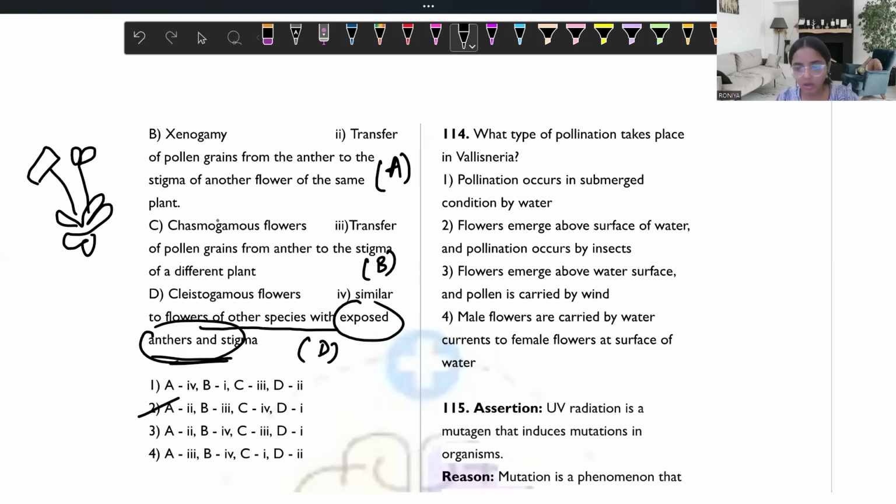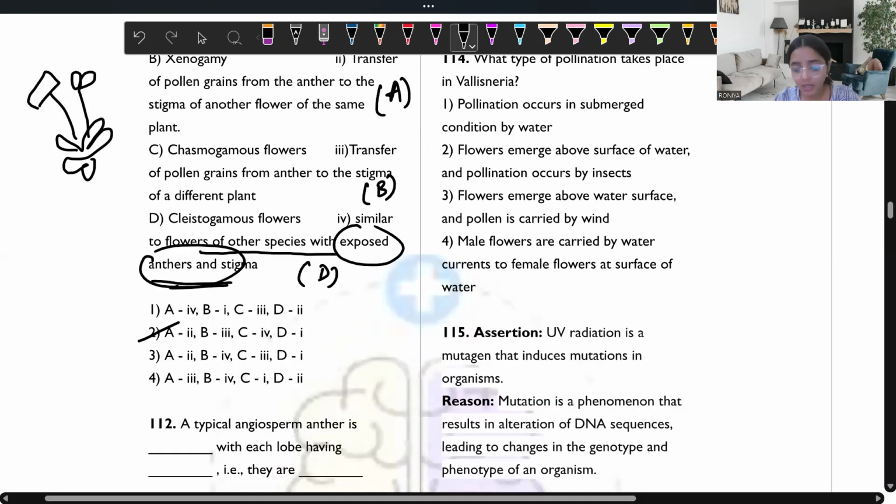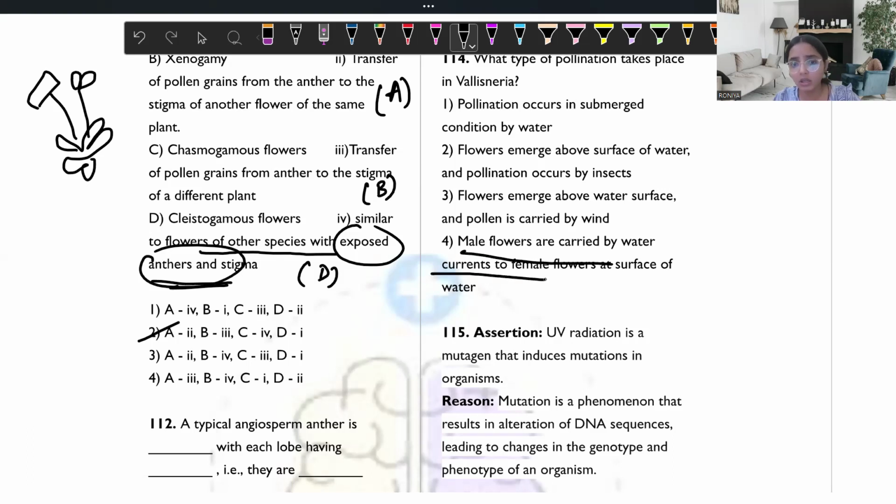It is a direct statement. What type of pollination is taking place in Vallisneria? Water pollination. Water is the pollinator. So male flowers are carried by water currents to female flowers at the surface. Now see, there is one more very important thing which we should remember.